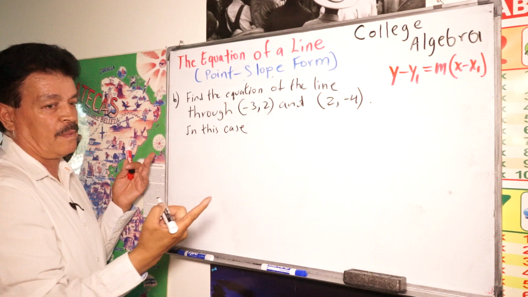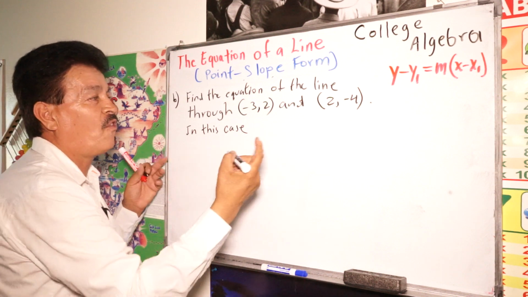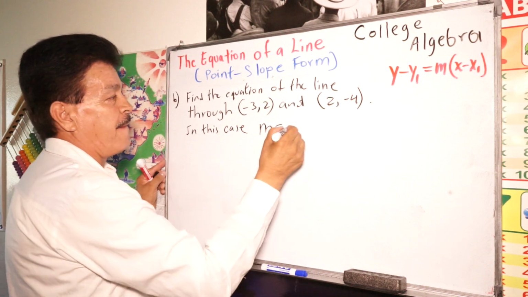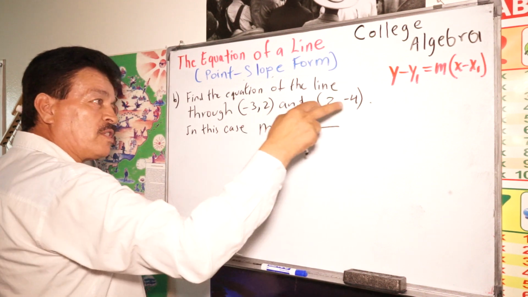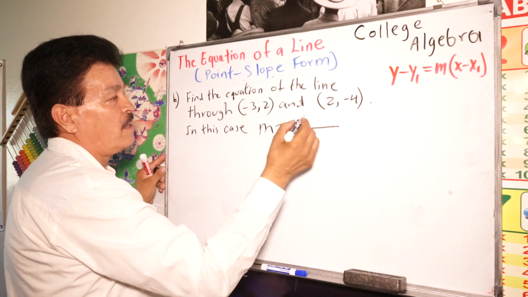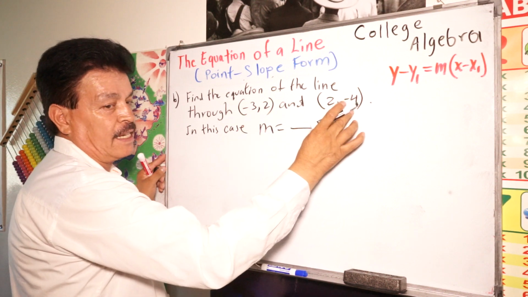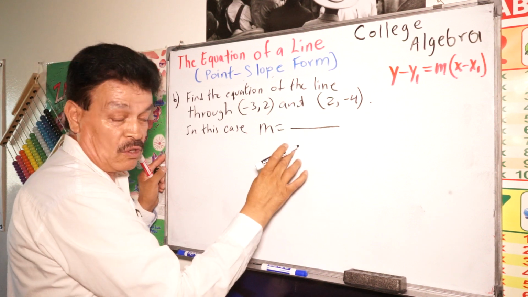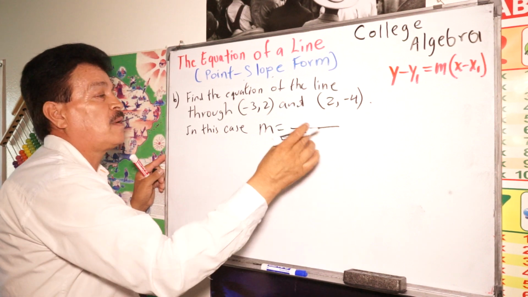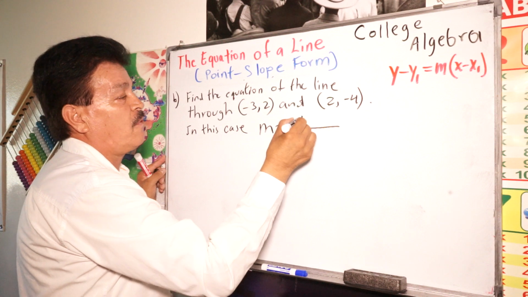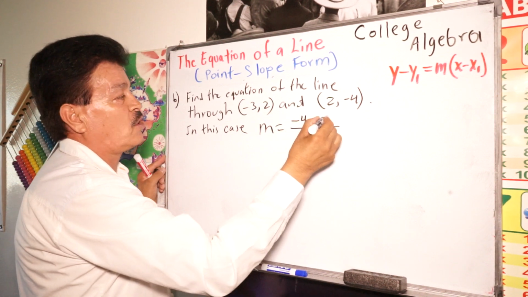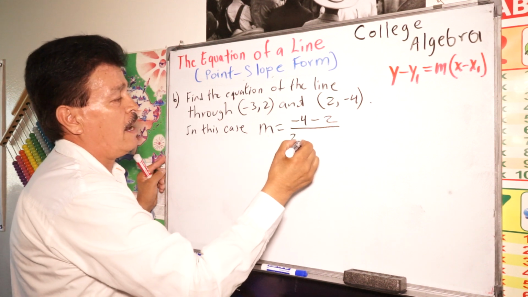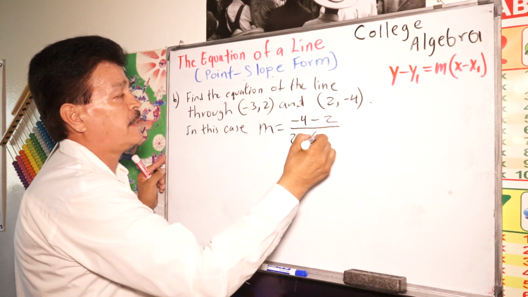let's see. We have to find the slope first. We have 2 points here. Remember the formula for slope: y2 minus y1 divided by x2 minus x1. So it's going to be -4 minus 2, divided by 2 minus negative 3.